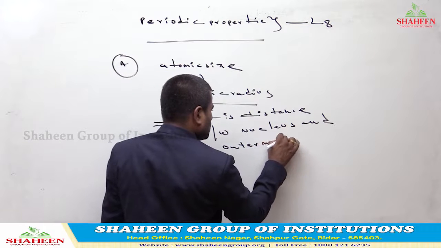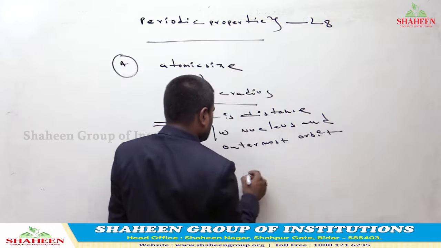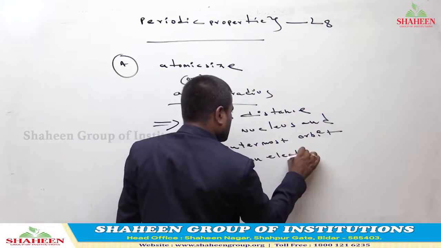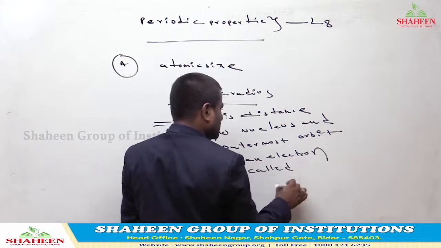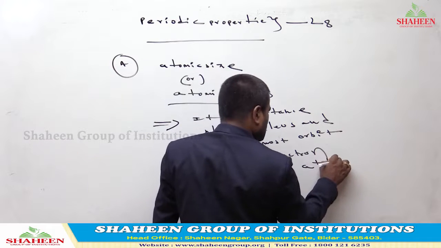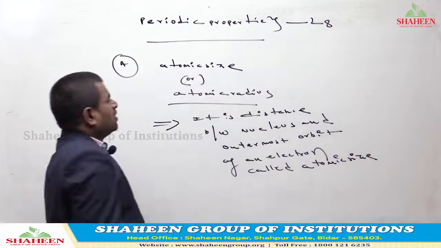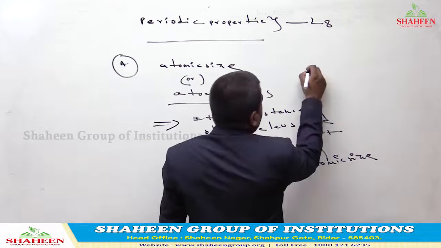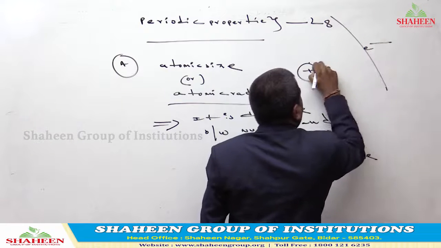This is called atomic size. Remember students, atomic size is nothing but the distance between the nucleus and the outermost electron of an atom.